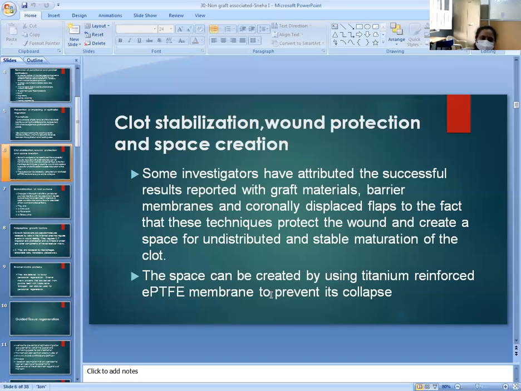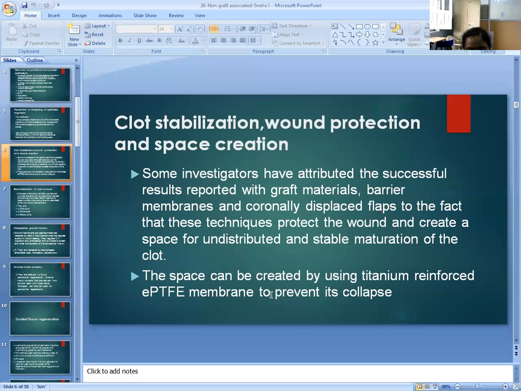For that purpose, Melcher has given a concept that periodontal ligament cells are pluripotential cells, or they have the capacity to get differentiated into all different types of cells.